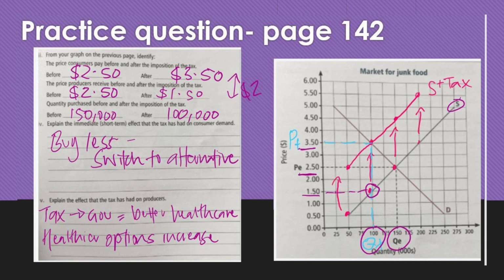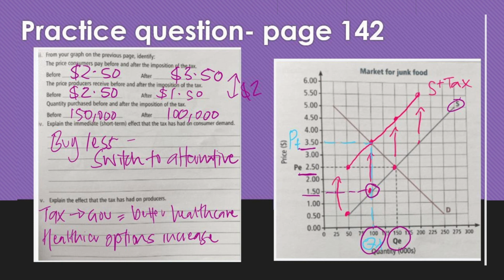So essentially, we can see that the demand's gone down, so they're going to buy less because they're paying more. This could mean that they switch to an alternative. So for example, if the price of coffee went up, you might switch to hot chocolates because it is cheaper.